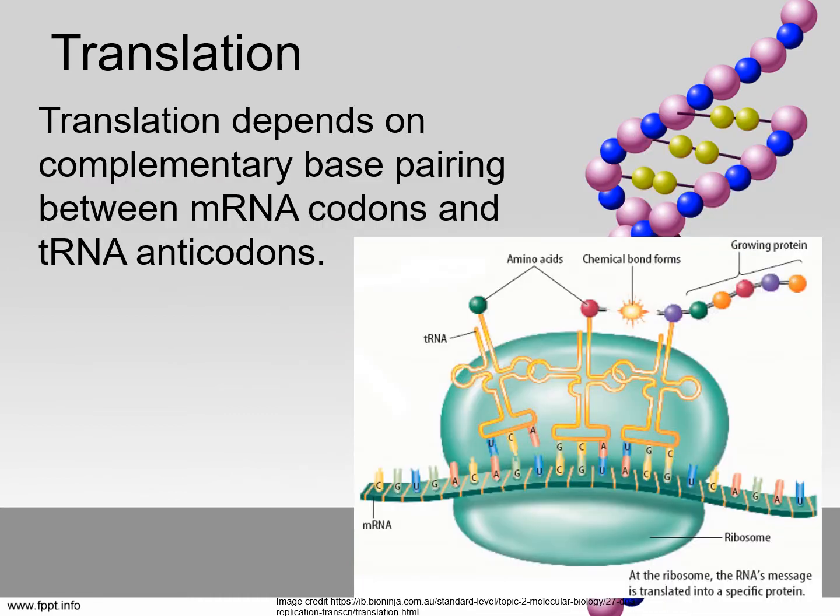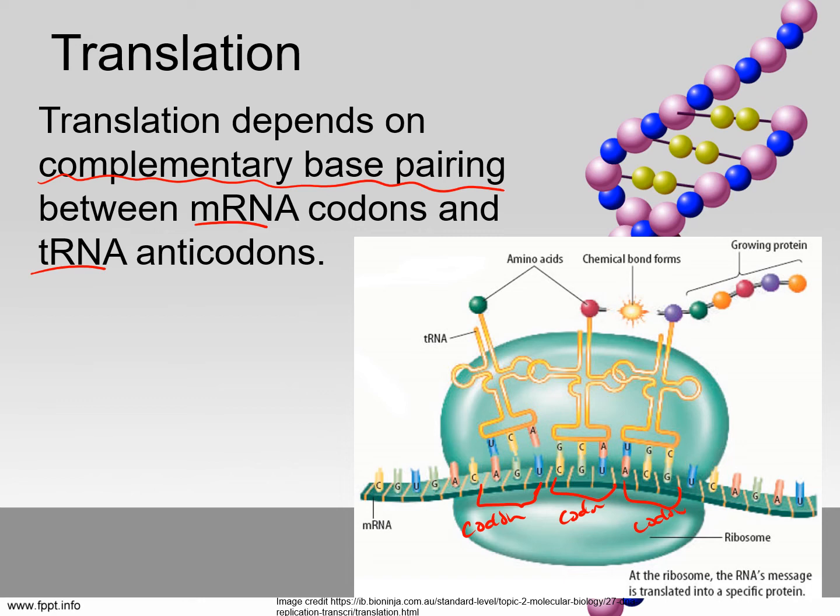So you probably figured out already that we have a whole lot of complementary base pairing going on here. Our messenger RNA and our tRNA are going to be complementary to each other, just like the messenger RNA was complementary to our DNA. The triplets that we were just talking about in our messenger RNA are called codons. So there's a codon, there's a codon, there's a codon.